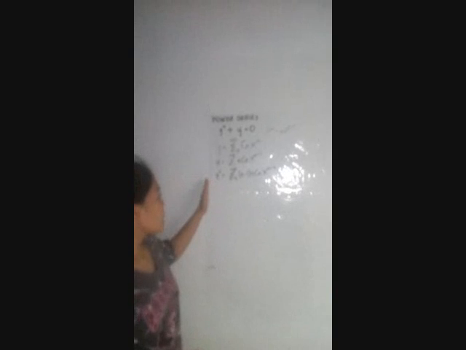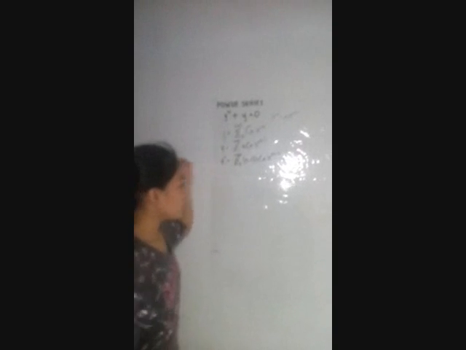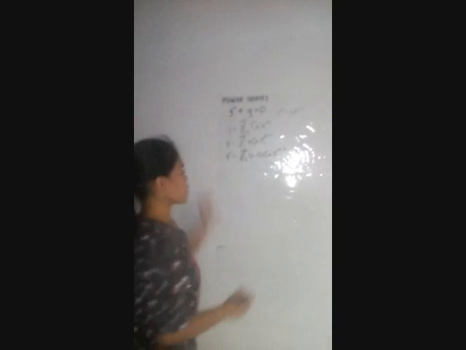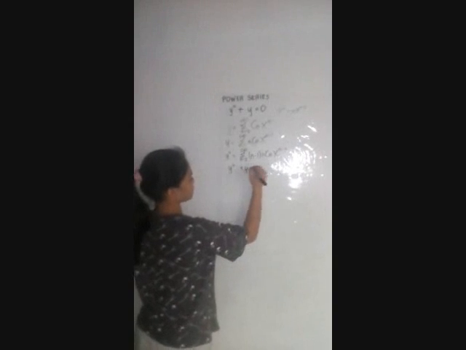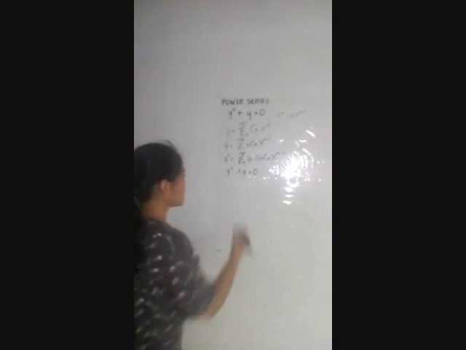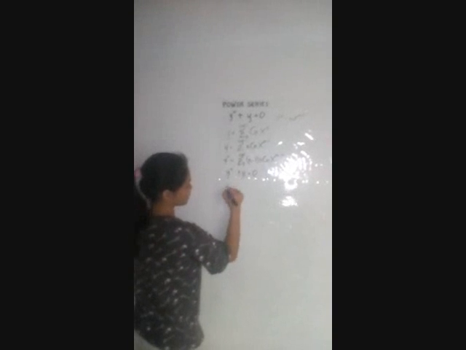Now we have the formulas. We will substitute it in the equation, second derivative of y plus y is equal to 0.